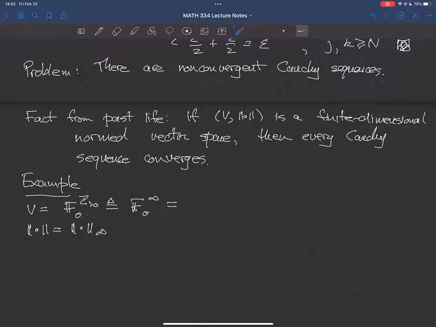So if you have a sequence of scalars from F, and only finitely many of them are non-zero, what that means is that after some term in your sequence, all the remaining terms are 0. And so the way you can think of this space is that it is the space of sequences that are eventually 0.